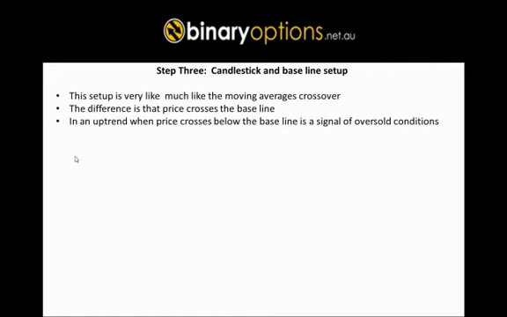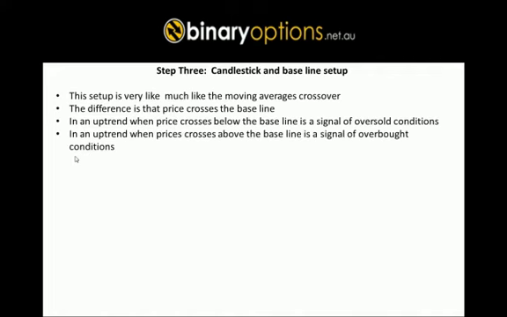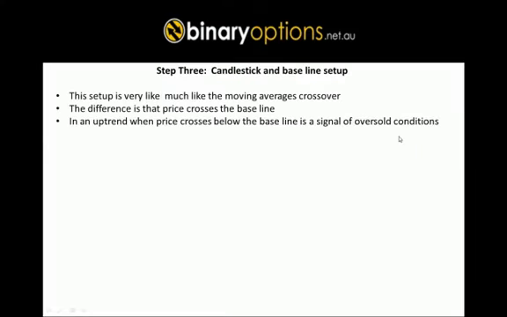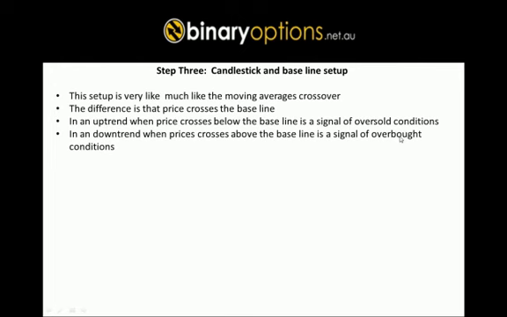In an uptrend, when price crosses below the baseline, this is a signal of oversold conditions. And in a downtrend, when price crosses above the baseline, this gives us a signal of overbought conditions in the market.